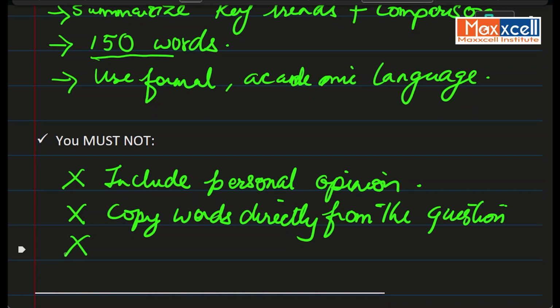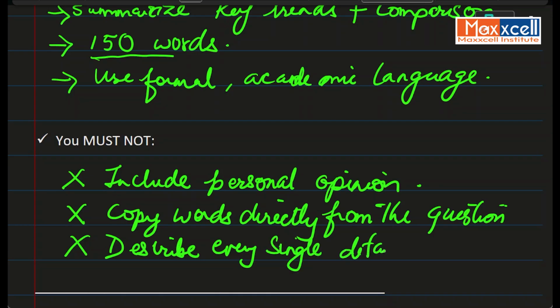Okay, so you need to paraphrase. So you can paraphrase, you can write similar meaning words या synonyms भी आप use कर सकते हैं. Then, describing every single detail. Now, describe every single detail, okay, so this is also something which you're not supposed to do because there is a lot of information.